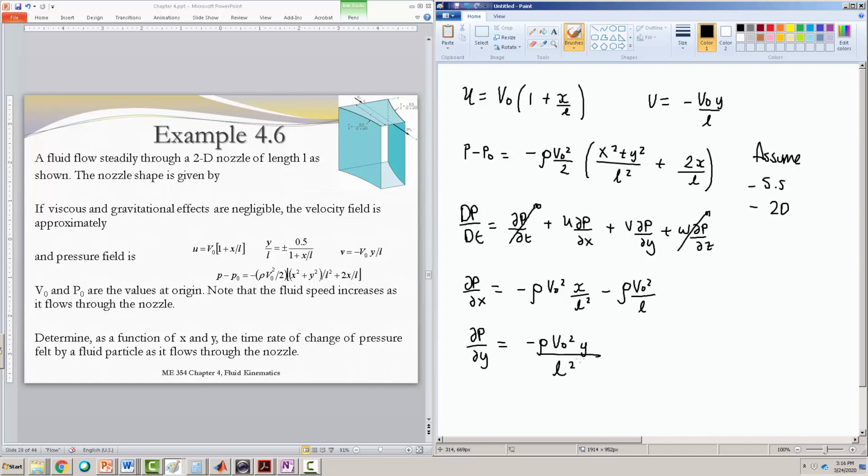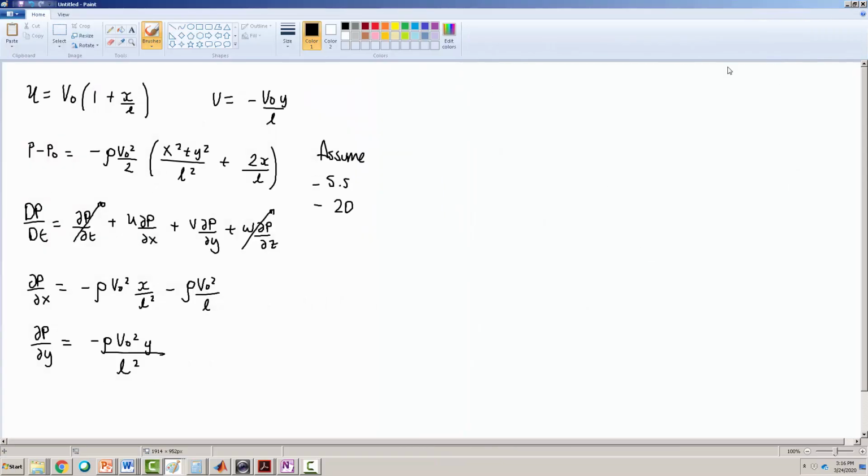Okay, so what we need to do now is substitute into the equation. We're going to substitute all these values into this equation to be able to get a final result. I'm just going to maximize this a bit so that I can show you the solution. So we are looking for DP/Dt, and we're going to substitute first the value of u.